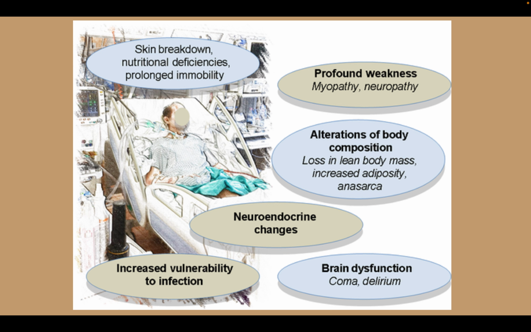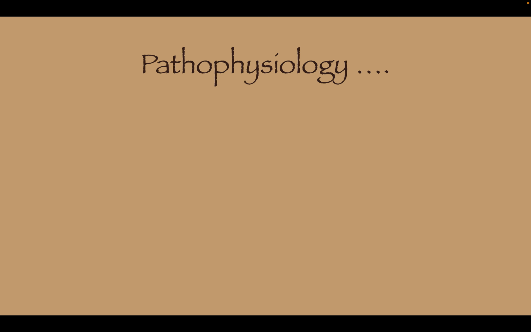There are a few neuroendocrine changes. There is also increased vulnerability to infection, which is the cornerstone of any problem in ICU for that matter, and brain dysfunction in the form of coma and delirium.